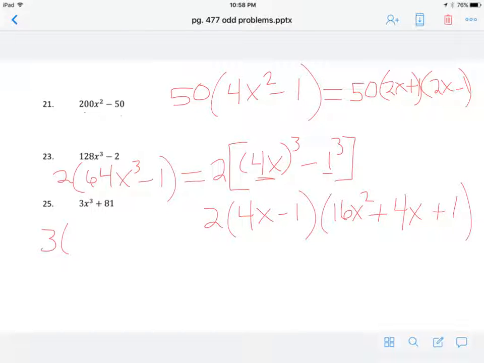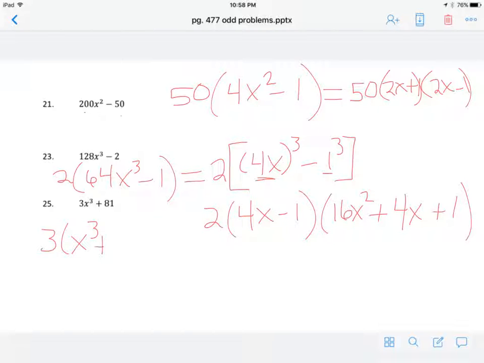Same thing here with the 3. Factor out the 3 first. 3 goes into 81. Sorry, it's kind of late as I'm recording this. Let me make sure that I'm going to do it correctly. 3, 2, 6. Okay, good. 27.